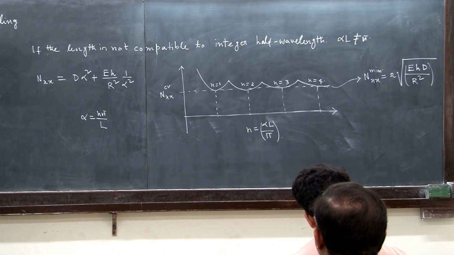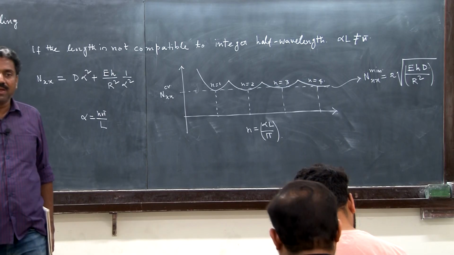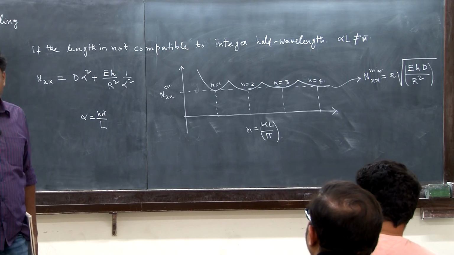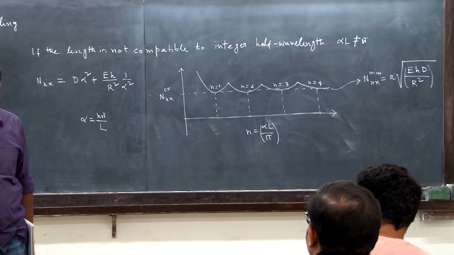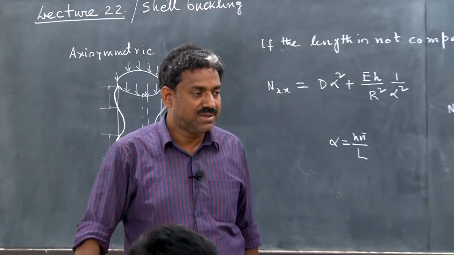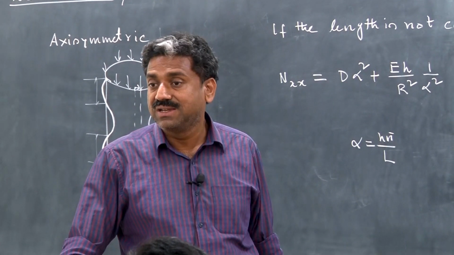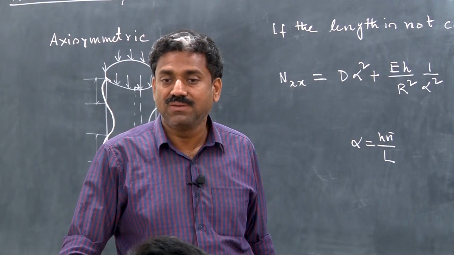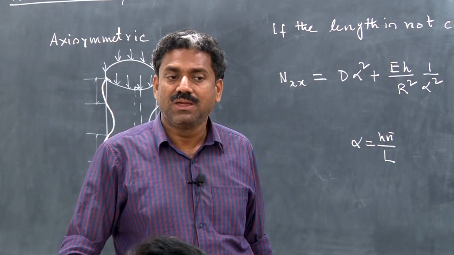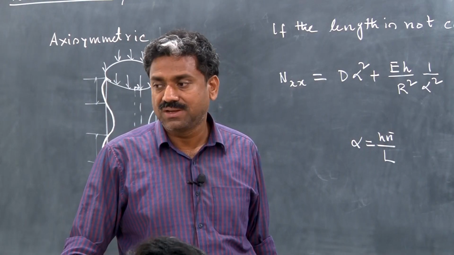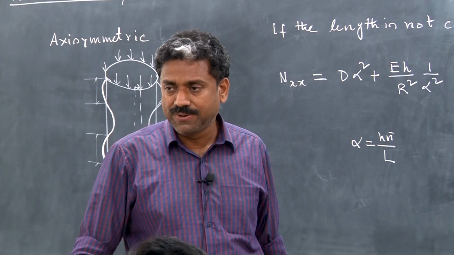So this is a very simplified representation of shell buckling, based on the assumption that the cylindrical shell will be subjected to an axisymmetric mode of buckling, okay. And we can essentially represent the bending behavior using a single strip, incorporating the effect of curvature in the circumferential direction while deriving the equations, right.